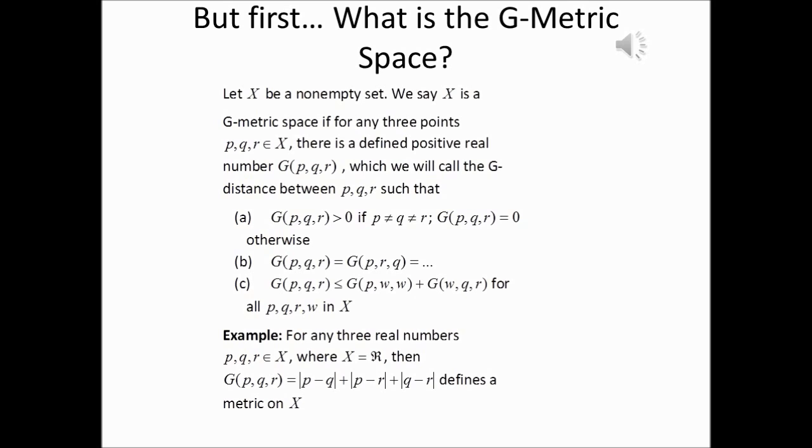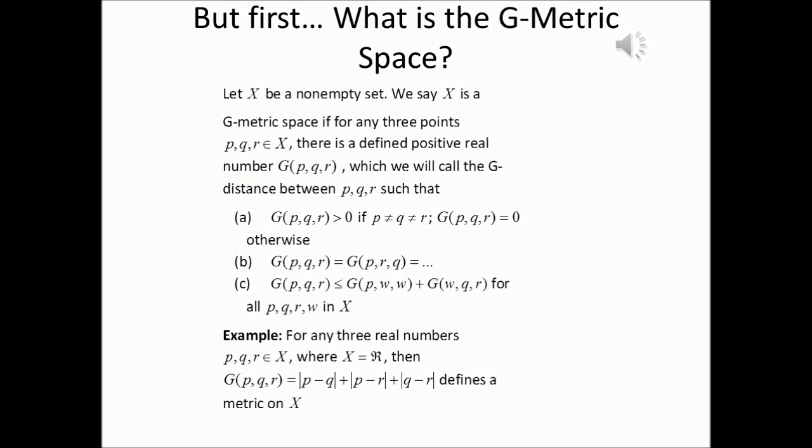Secondly, in the ordinary metric space setting, we replace the triangle inequality with the rectangle inequality in a geometric space setting. Okay, so now let us formally define the geometric space.